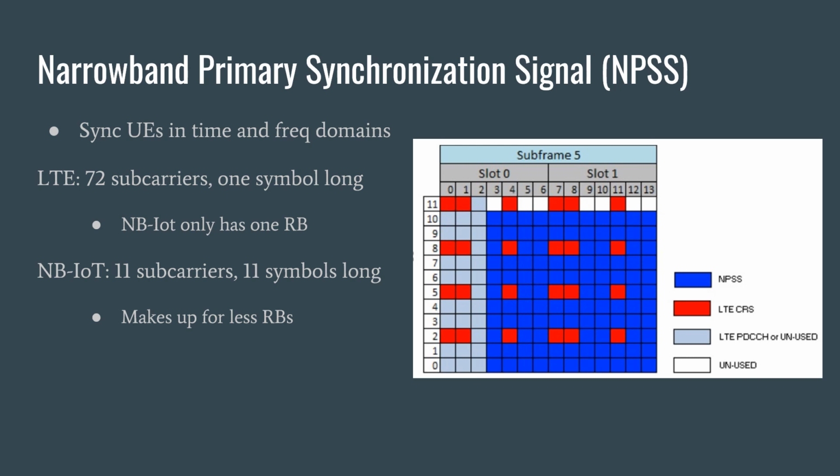Since these 72 subcarriers equates to 6 resource blocks, it's clear that NB-IoT, which is limited to one resource block, is unable to use the same format. NB-IoT changes the signal shape to be sent over 11 subcarriers, and they each send 11 symbols. The NPSS can be seen on the right.